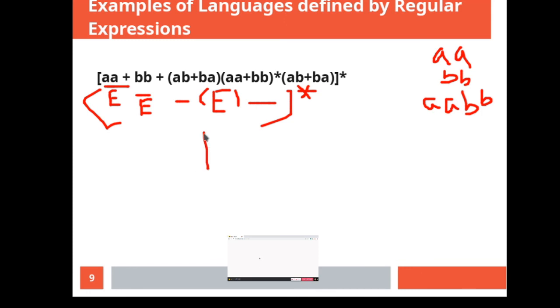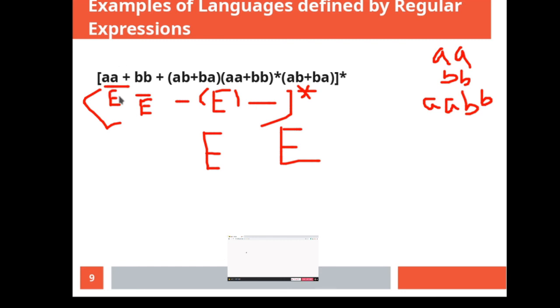Just try creating examples of this. This particular regular expression is for a very popular language called even. This is the language even, where you always have an even number of A's and an even number of B's. Not necessarily are they occurring together.